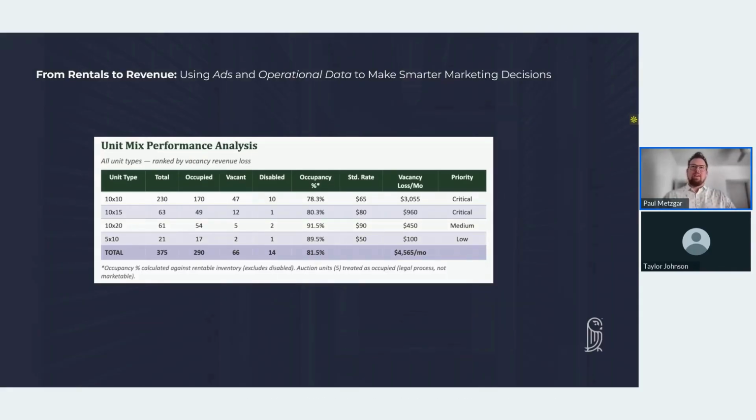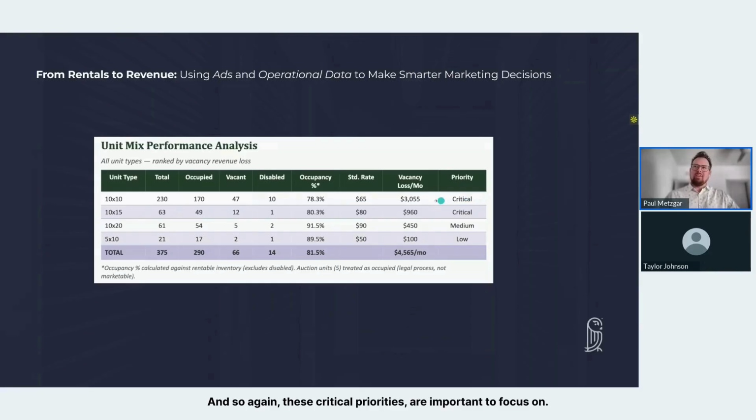And so I look at the standard rate for each of those units and multiply it by the vacancies to get this vacancy loss per month. It makes it really clear where the revenue opportunity is, and how we can push the ads that direction to maximize that ability.